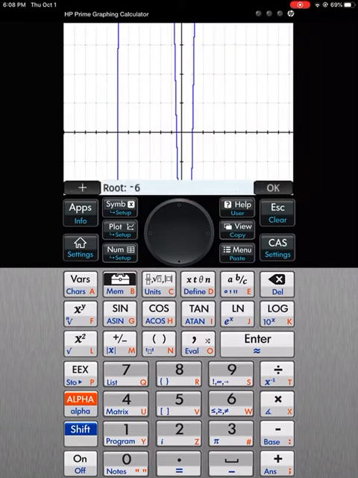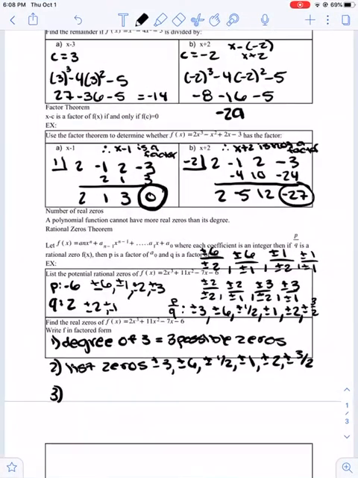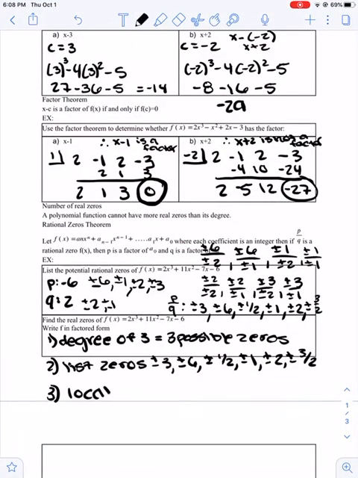And the third is negative 6. So we locate the zeros with calculator. And that ended up being negative 6, negative 1/2, and 1. That's where it appears to be located.